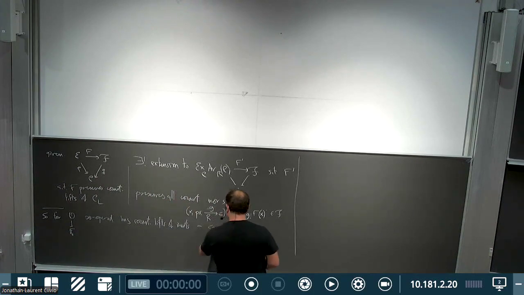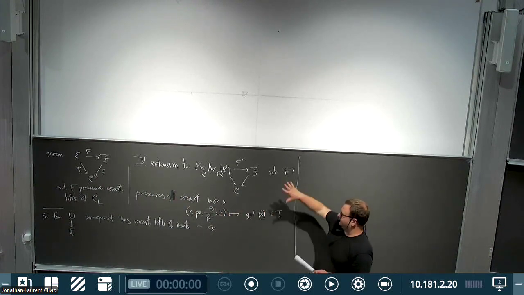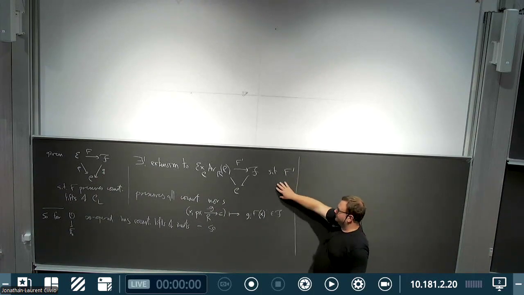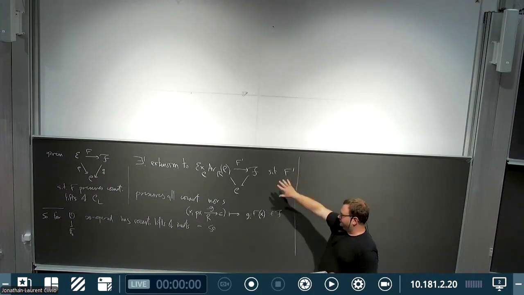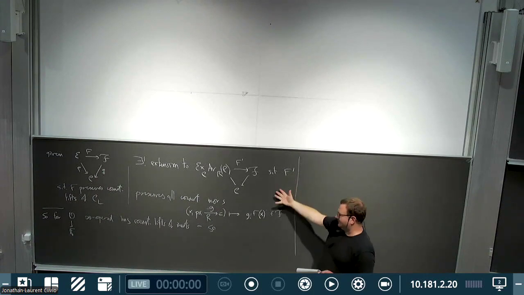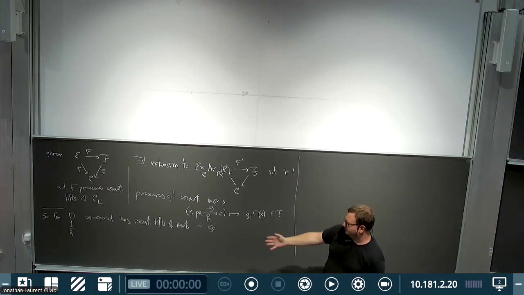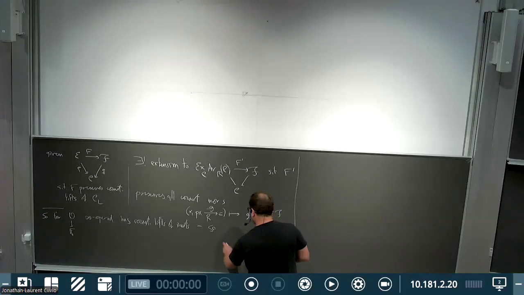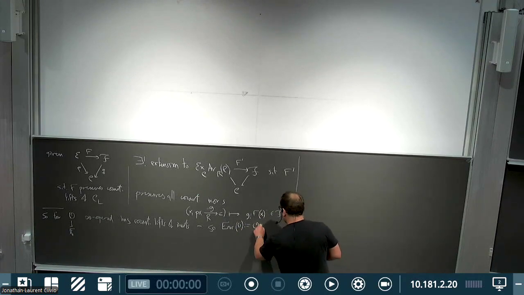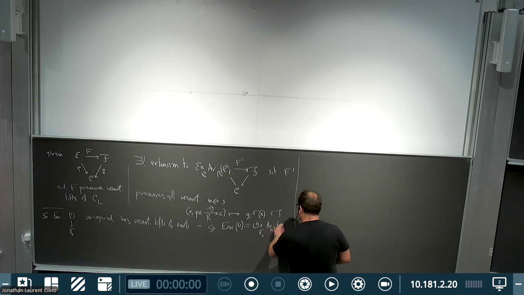And so if you buy this theorem, then I can universally add co-Cartesian lifts of active morphisms to get a co-Cartesian fibration, which is the symmetric monoidal envelope of O, defined to be O plus over finite pointed sets with the active arrow category of this.